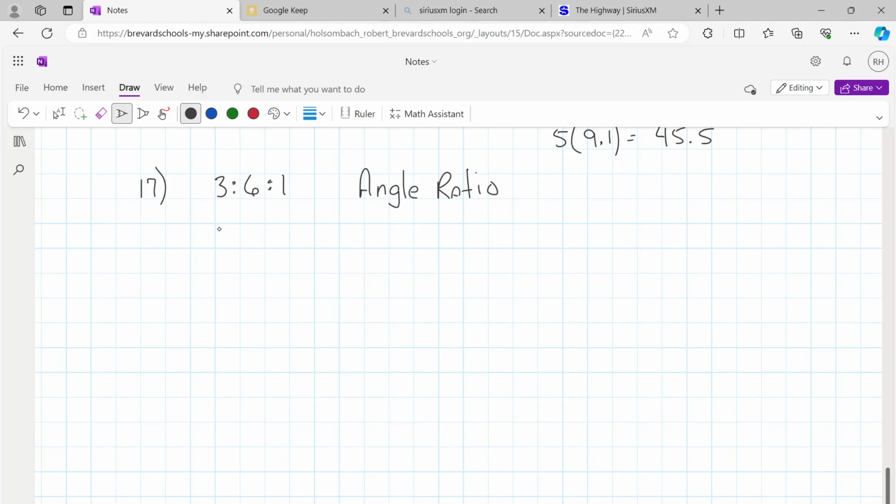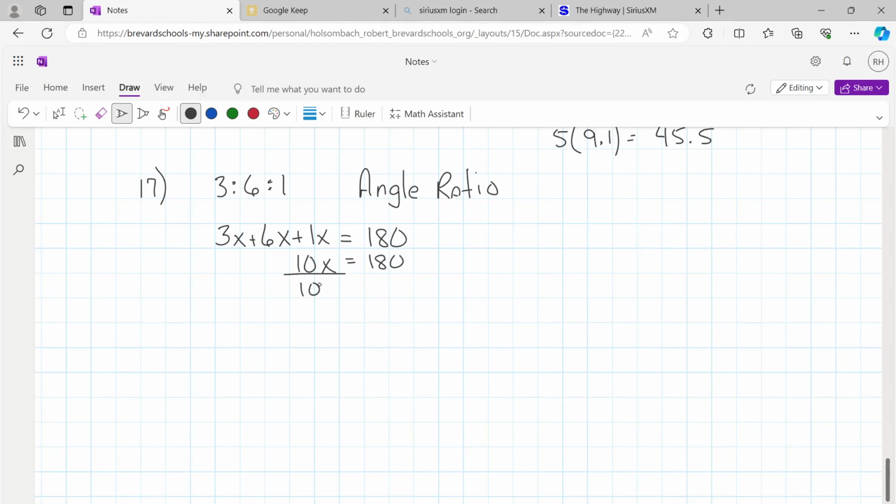So our equation is 3x plus 6x plus 1x is equal to the sum of the angles of a triangle. All right, and the sum of the angles of a triangle is 180. So 3 plus 6 is 9, and 1, we get 10x equals 180.